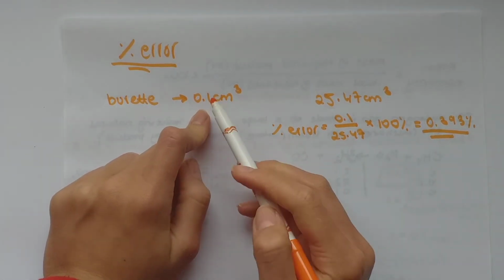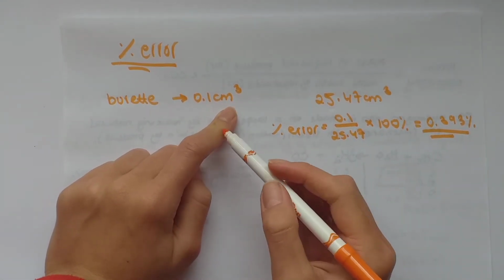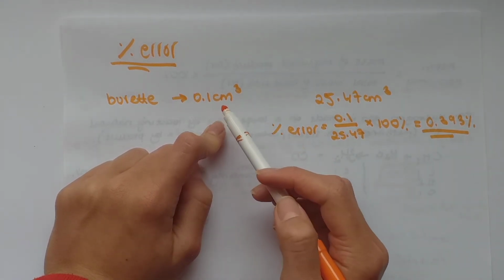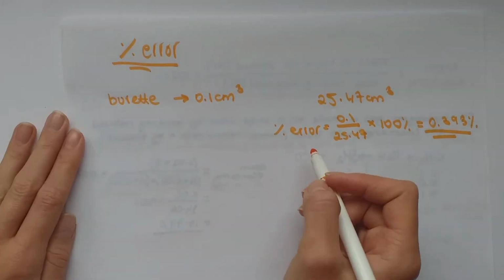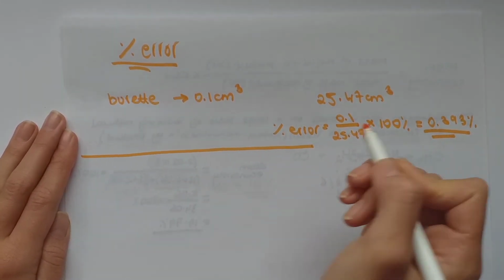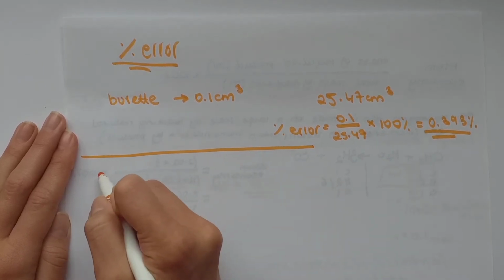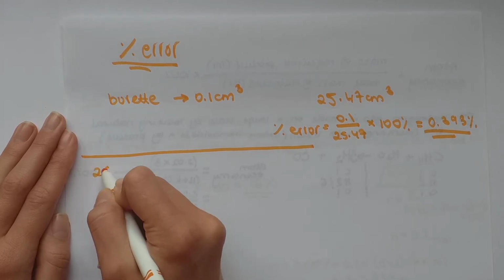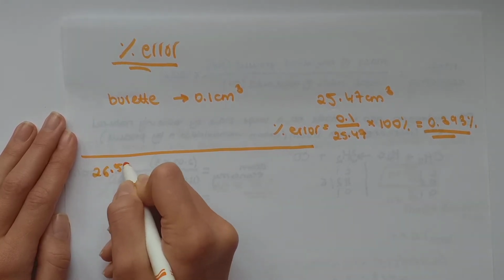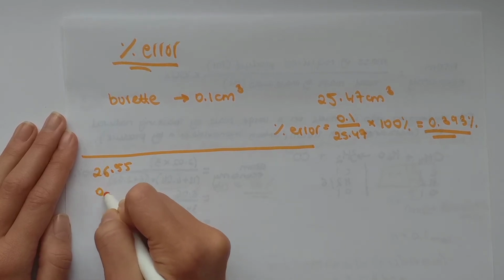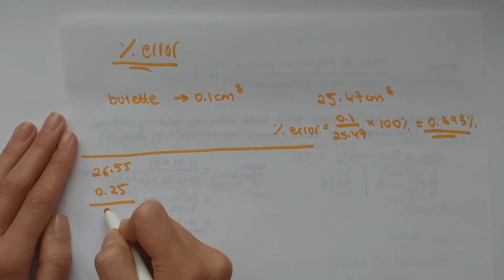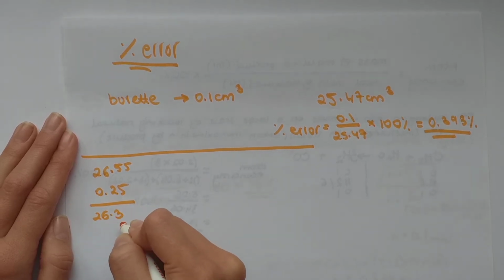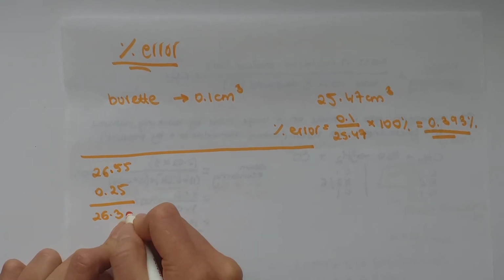I told you that the error on the burette is 0.1 centimeters cubed, but in your exam, you'll always be told what the error is. For example, there is one exam question which shows you the initial reading on the burette, 0.25, and the final reading, 26.55, and then it shows you the titer, which is the difference, 26.3 centimeters cubed.